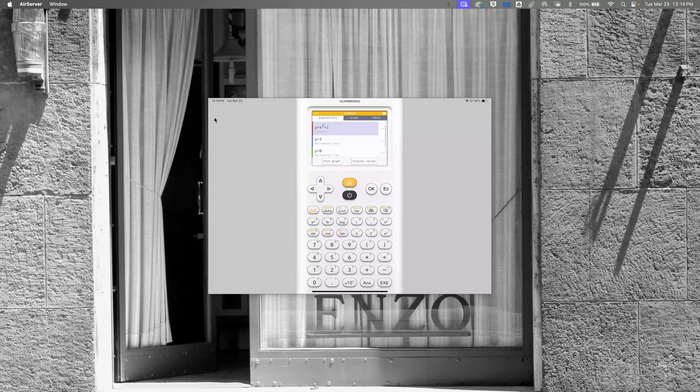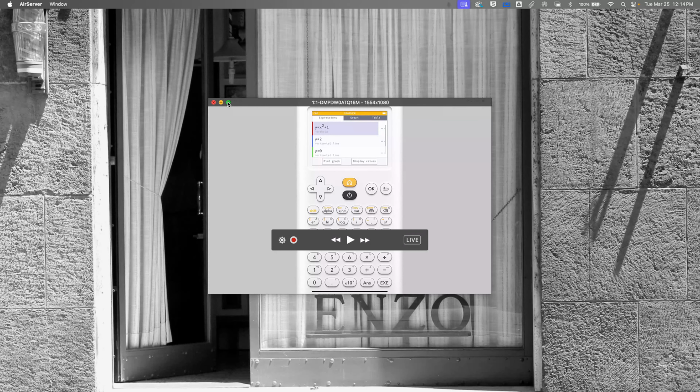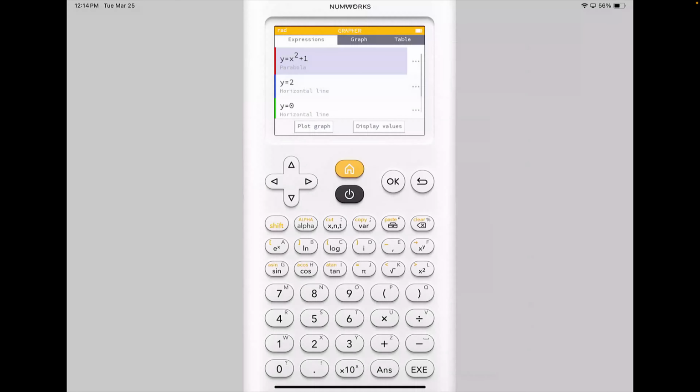I still want y equals x squared plus 1. Still want that guy, okay? I still want y equals 2, okay? I don't want y equals 0. I want y equals -1. So I'm just going to put -1 there.